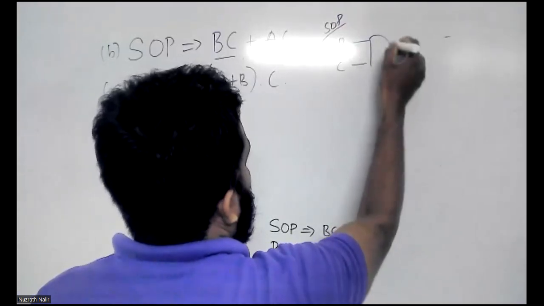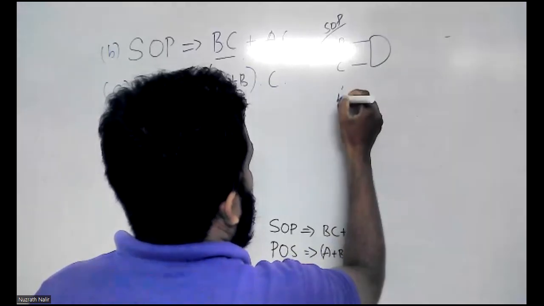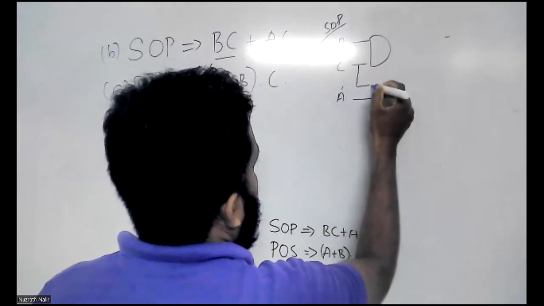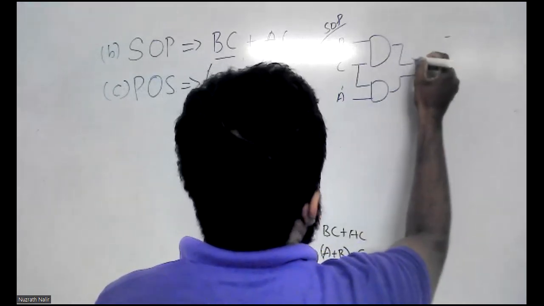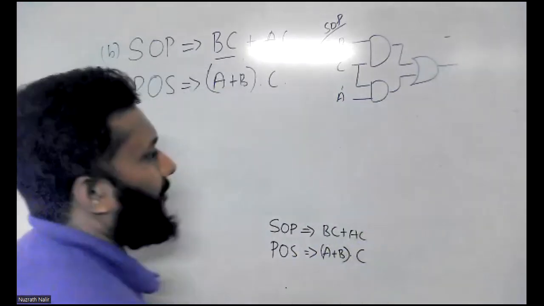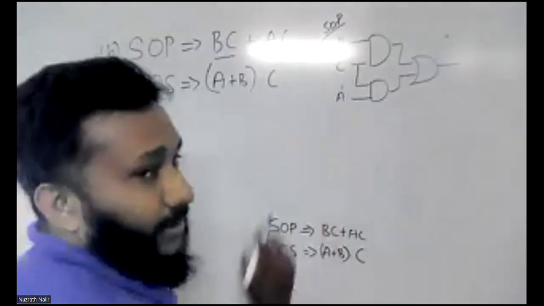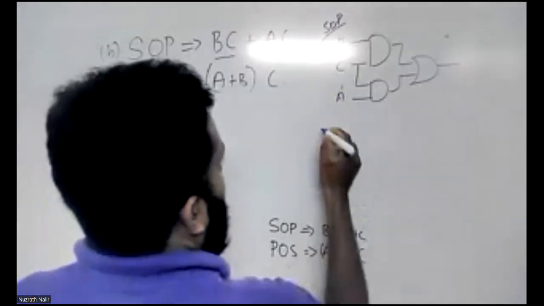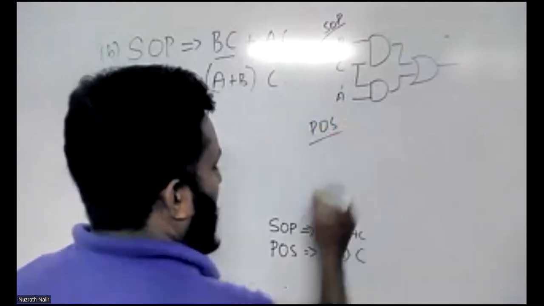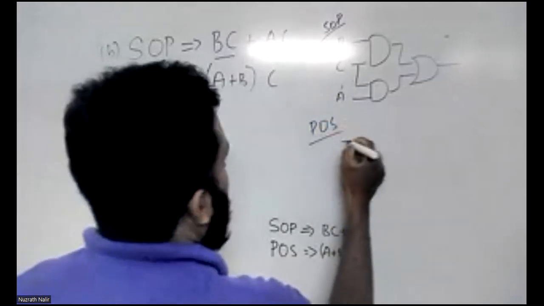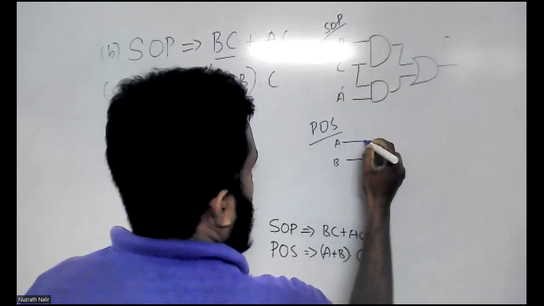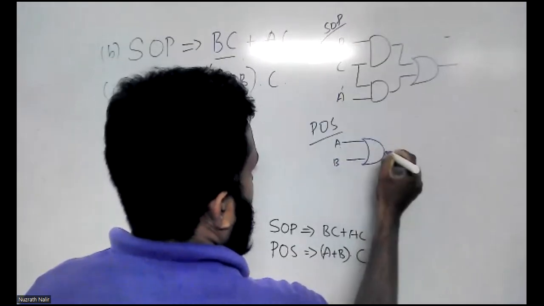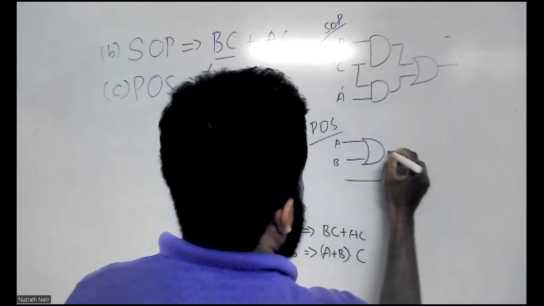And A is there, and C is there. Here look at this. So this is your sum of product answer. Clear? Product of sum. First, let's see. Here the A is there and the B is there. Now C only working with this.